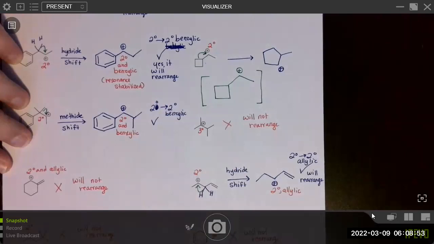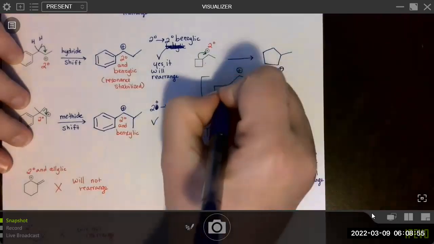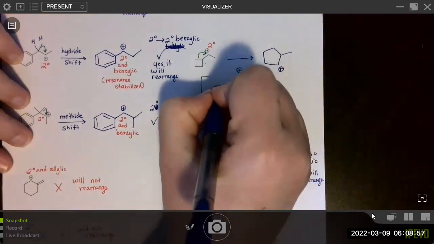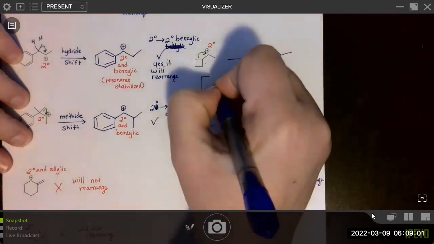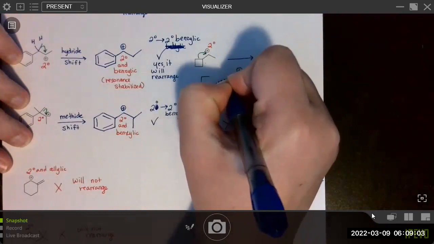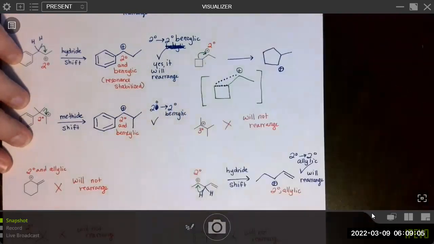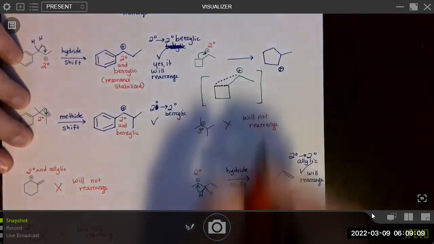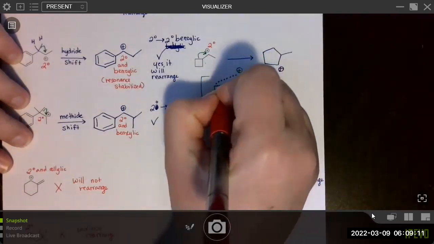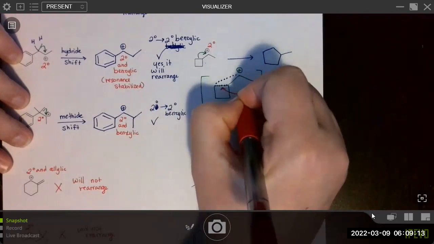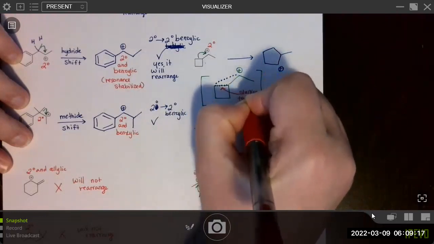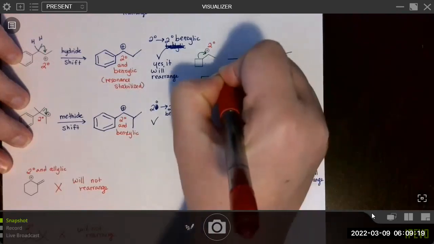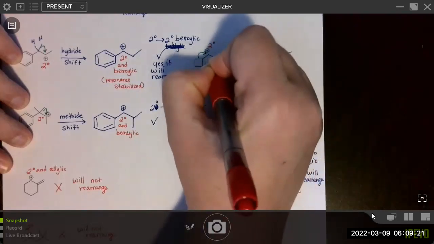And then what we're going to do is sort of say this bond starts to break. And then this bond starts to shift over to here. So we have a bond, this one here, just starting to break. This one is starting to form.